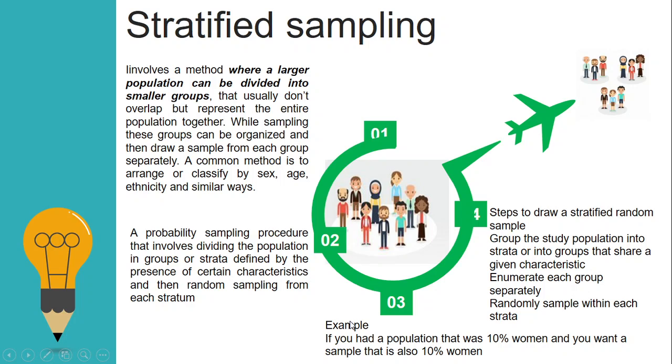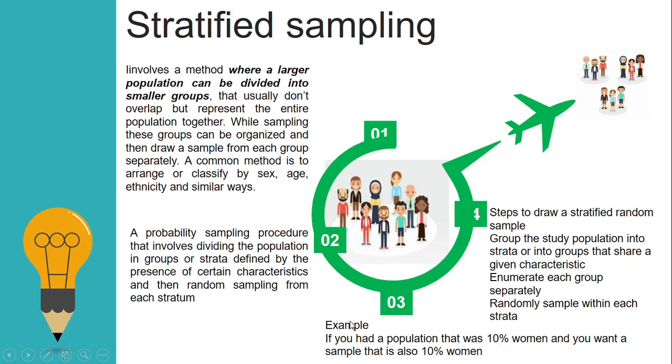It involves a method where a larger population can be divided into smaller groups, smaller strata, levels, layers, that usually don't overlap but represent the entire population together. In the whole population, here is a different layer and different strata that are representing the whole population. While sampling, these groups can be organized and then we draw a sample from each group separately.